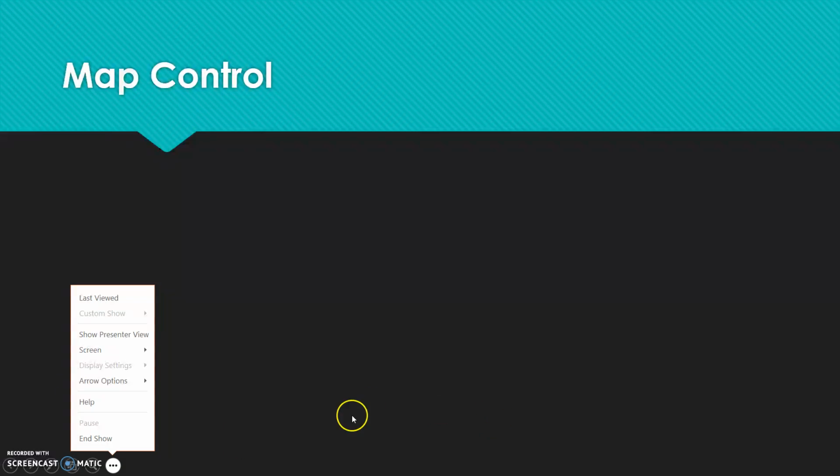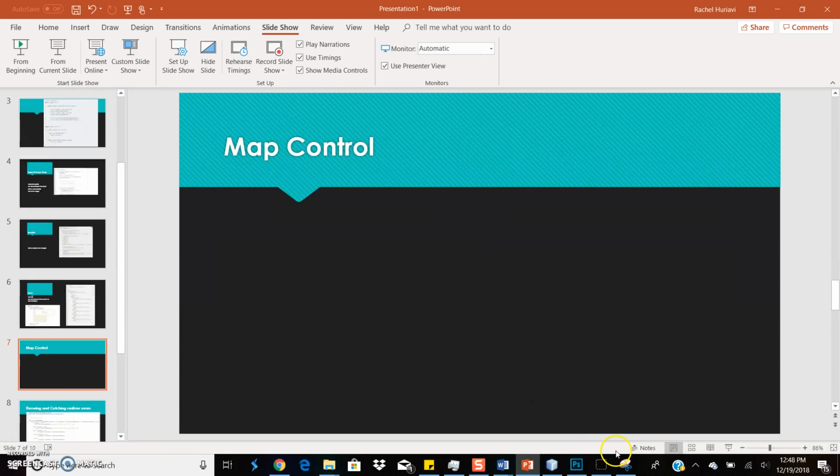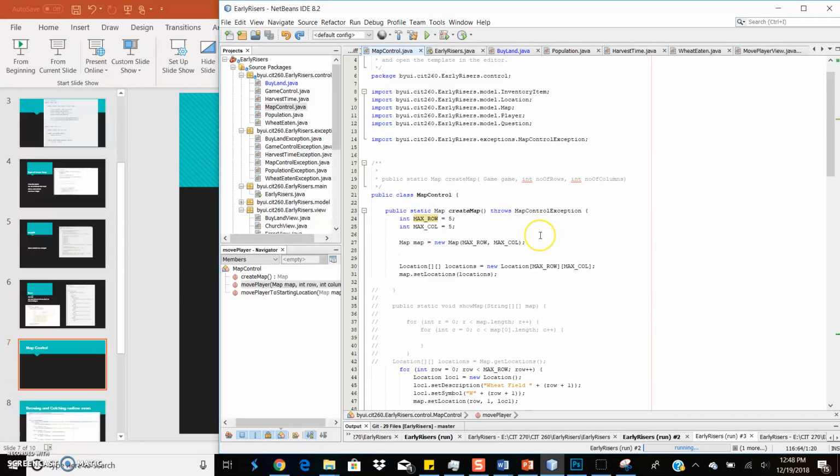So let's go to our map control. This is where we used our array in our program, right here. I kind of touched on it a little bit already, but we've got our location and where we declare our array.